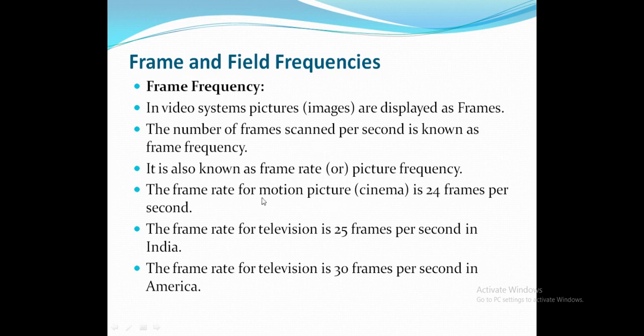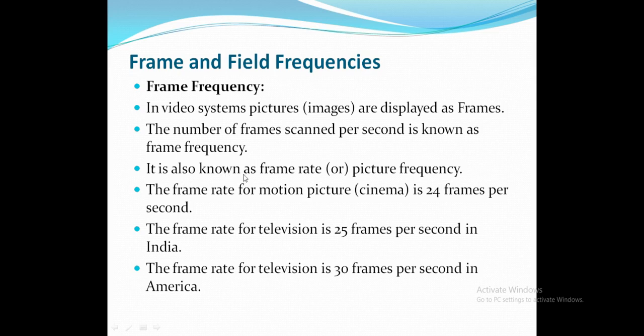So first of all, a frame is nothing but one complete image in a video system, and the number of frames scanned per second is known as the frame frequency.